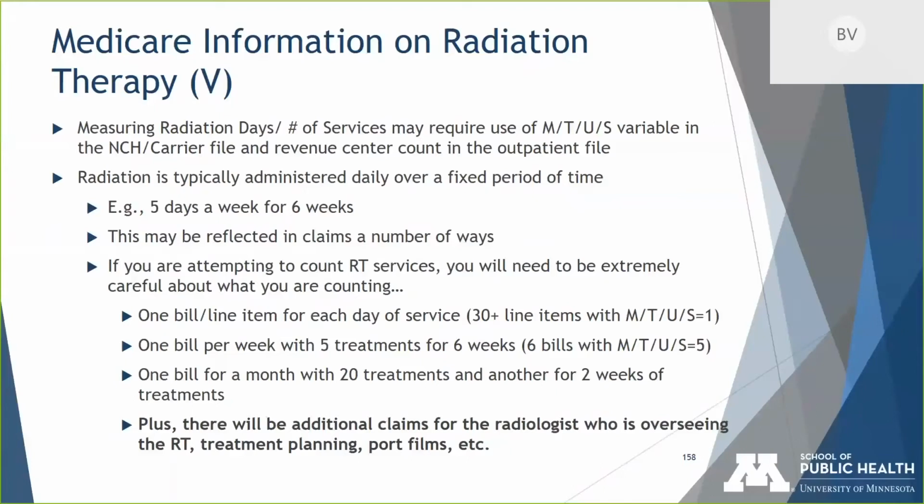One of the things that we often recommend is that as you're getting your data and you're trying to create your algorithms, you might want to print off a couple examples, a couple cases, and work with your analyst to see, okay, how are these claims actually showing up in the data, and use that to really understand how you'll create your algorithm.